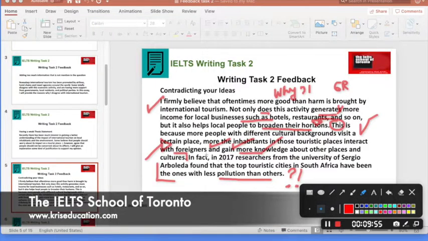So your example has to exemplify this part here, what you're saying in here. So don't do this, don't contradict your ideas. It is not a good idea to write an example that comes out of nowhere. Your example has to follow. That is very, very important.